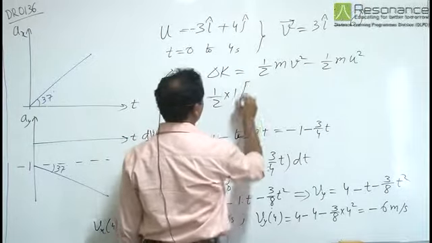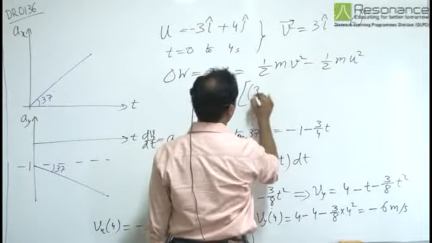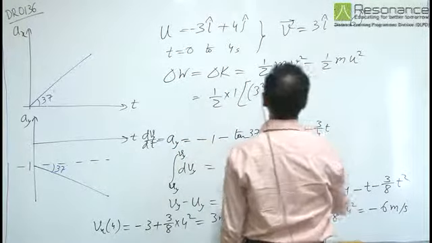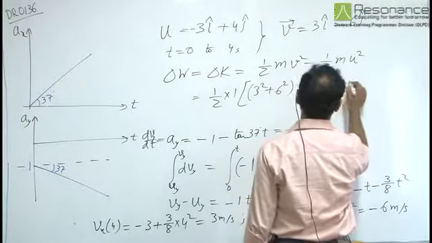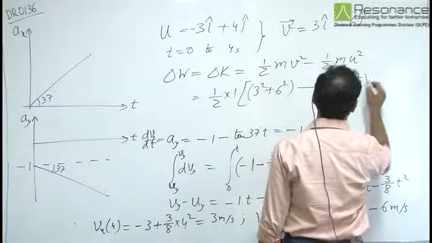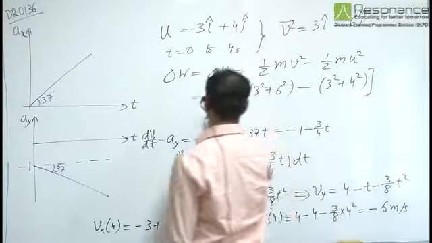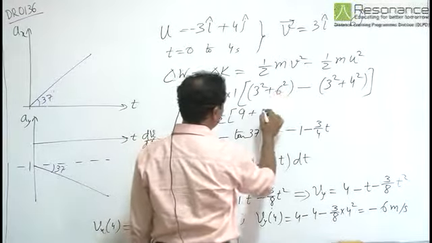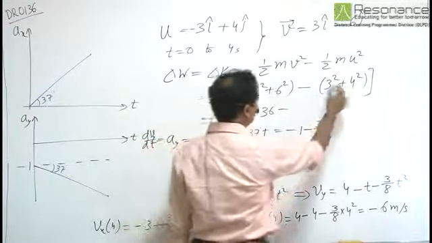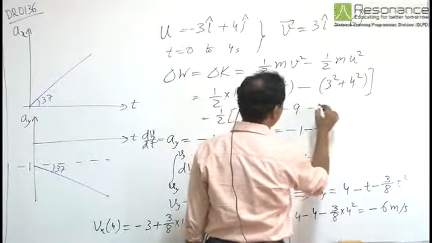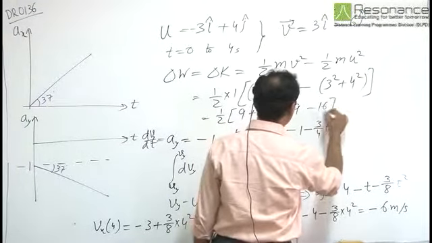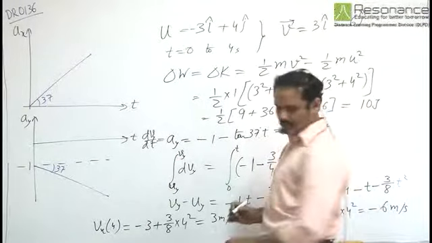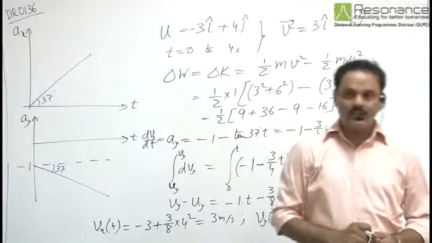Mass is given to be 1 kg. v square is 3 square plus 6 square, minus u square, which is 3 square plus 4 square. So it is equal to half into 9 plus 36 minus 9 minus 16, that is equal to 10 joule. So the correct answer is B.